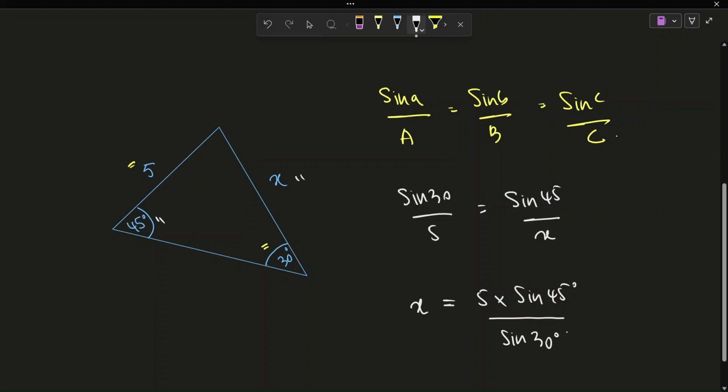Keep in mind when the question is given in radians, use radians, and when it's in degrees like this one, use degrees. Now I'm not going to simplify the sines and find x, but you get the gist. You can use your trigonometric values or your calculator for this. And that's it for the sine rule.